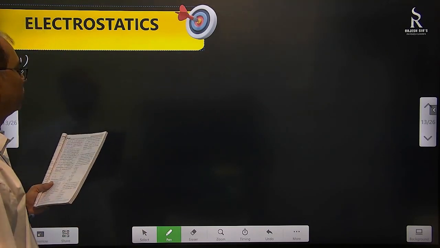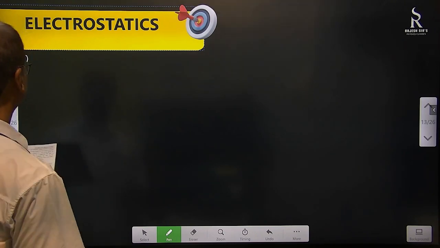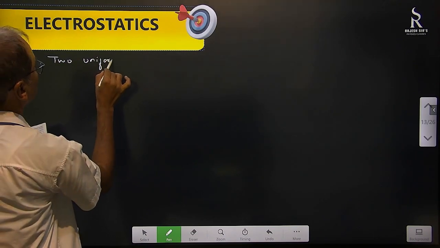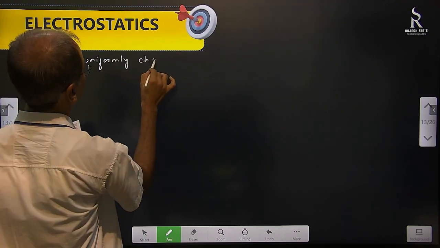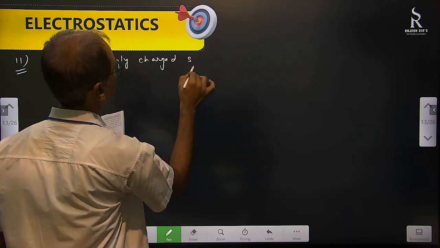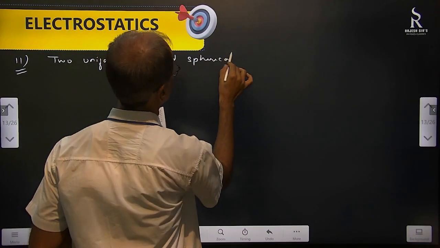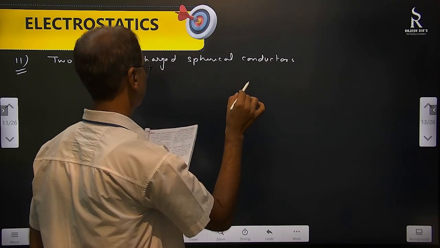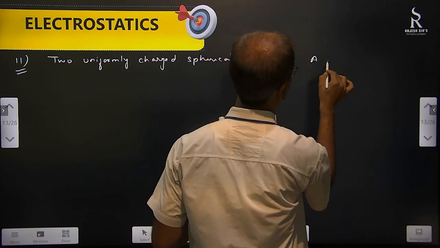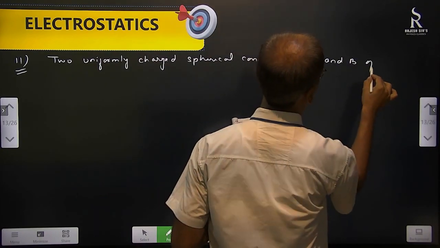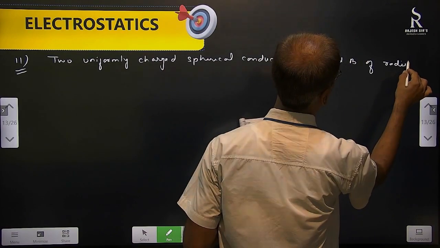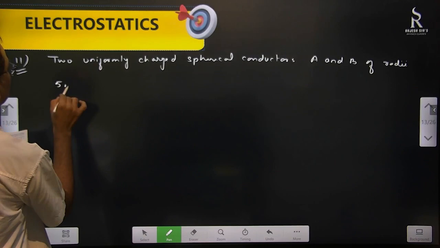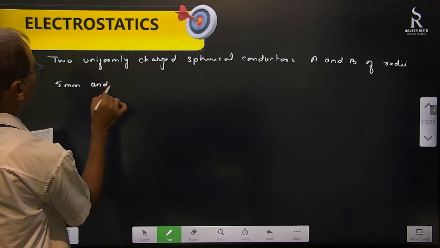It says two uniformly charged spherical conductors A and B of radii 5 mm and 10 mm are separated by 2 centimeters.